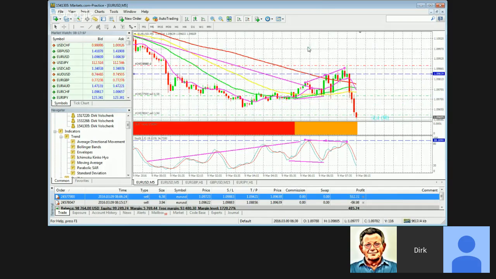The thing I like the most is the fact that we have had a break of the support level over there. That's what's making me smile even bigger. Love seeing that. Looks great.